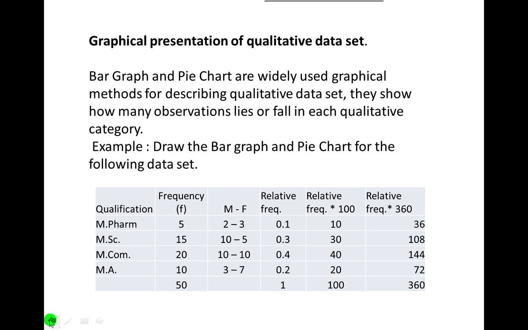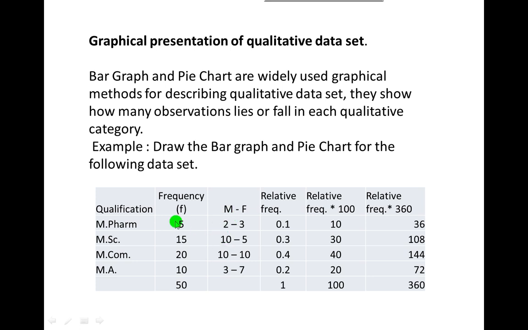And now for the next graph, multiple bar graph. Suppose you have this type of data: out of 5 observations, 2 are male, 3 are female. This is not a group, these are different values. 2 male, 10 male in MSc out of 15, 10 in MCom qualification, 3 male in MA.